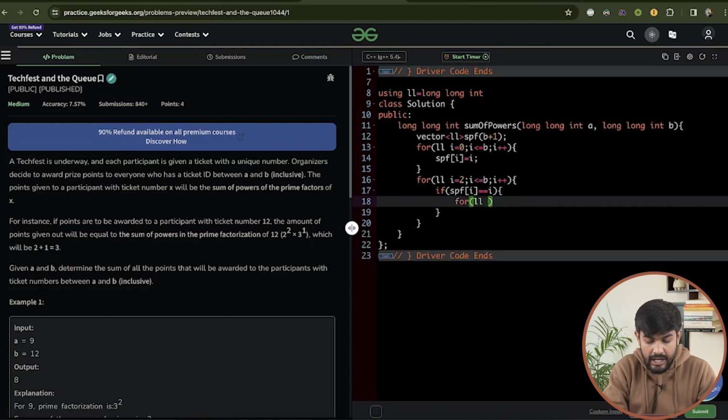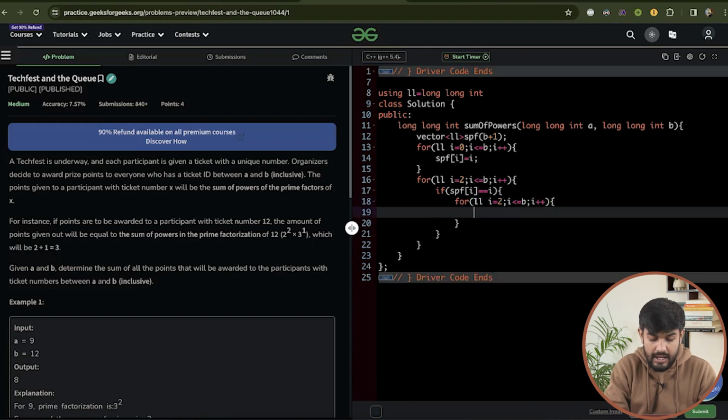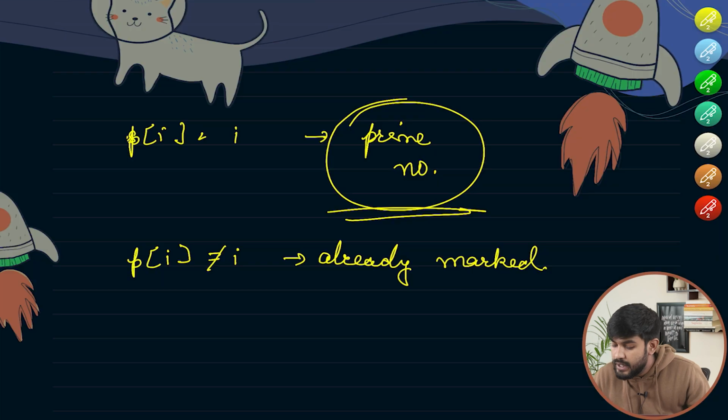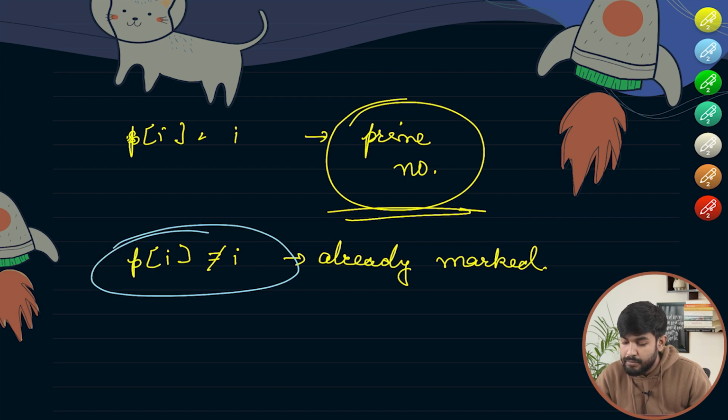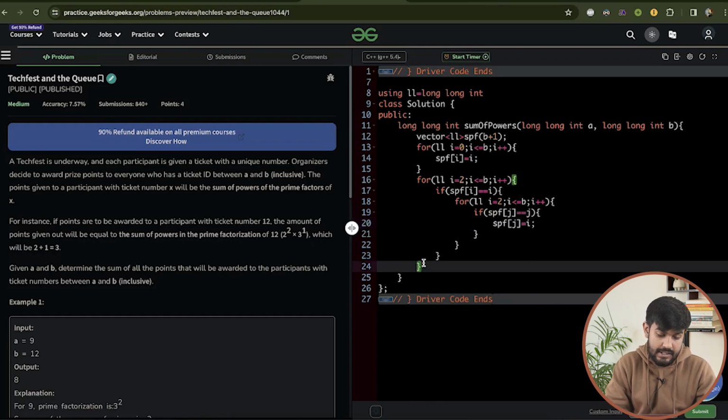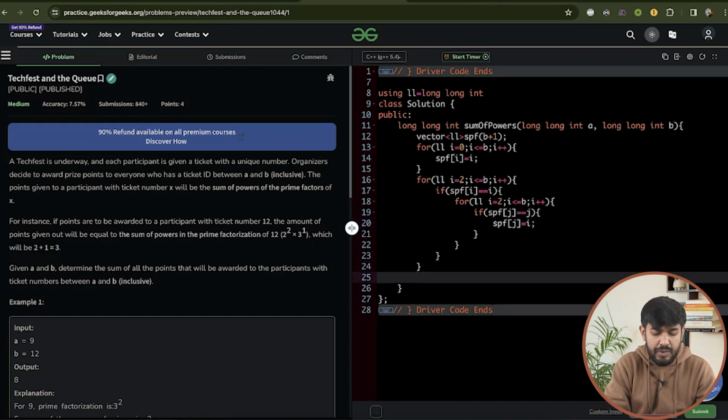So for ll j = i, j <= b, j += i, if SPF of j is equal to j, then we say SPF of j = i. What does this mean? If it is not marked, then only we would mark. If it is already marked, we would simply ignore that. It is done. After this, we would start computing the values.